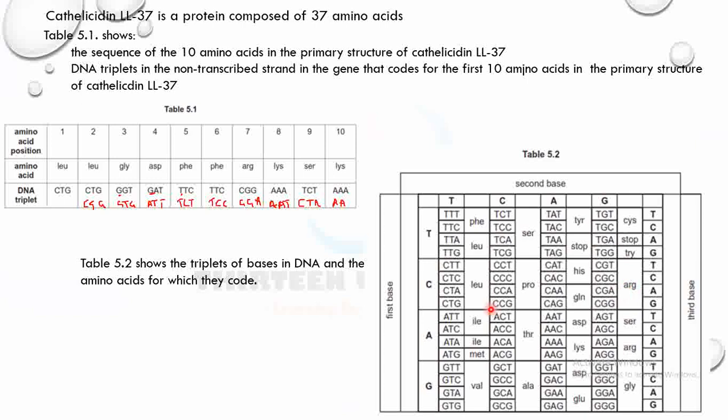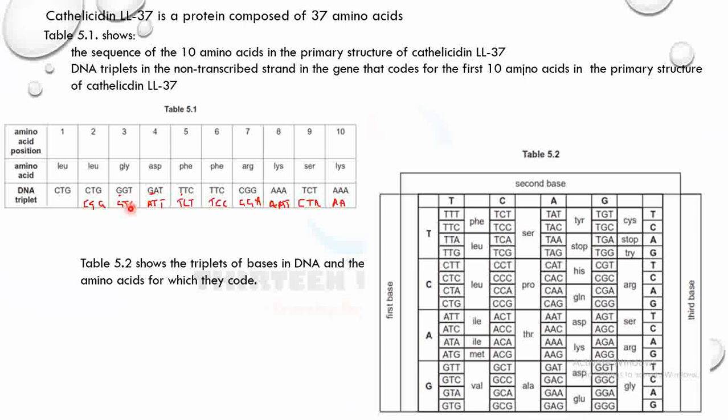So it has changed from leucine to arginine. The second position is no longer leucine, it's now arginine. The third one used to be glycine. Let's check: GGT to GTG. GTG is valine. So it changed from glycine to valine.